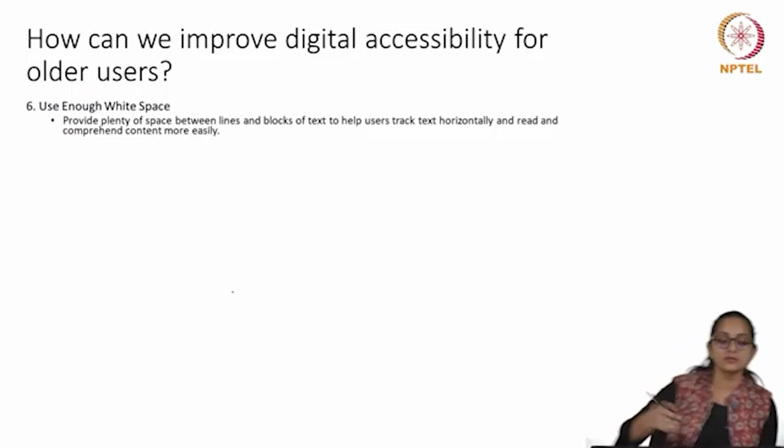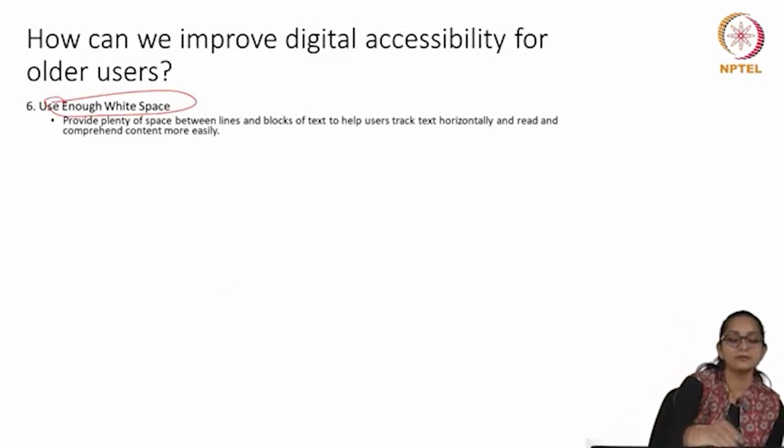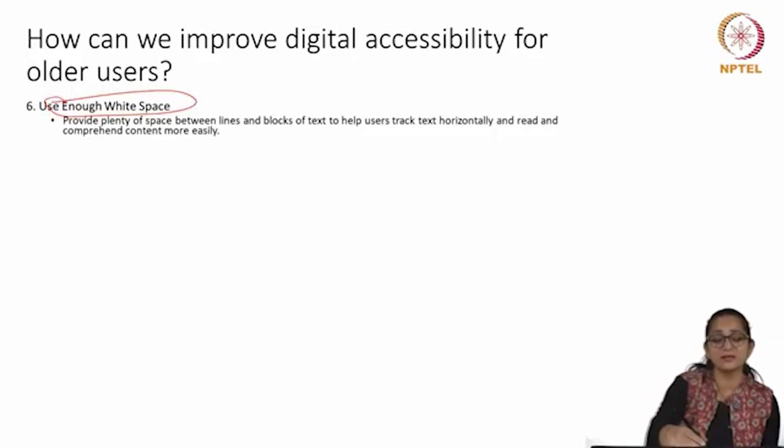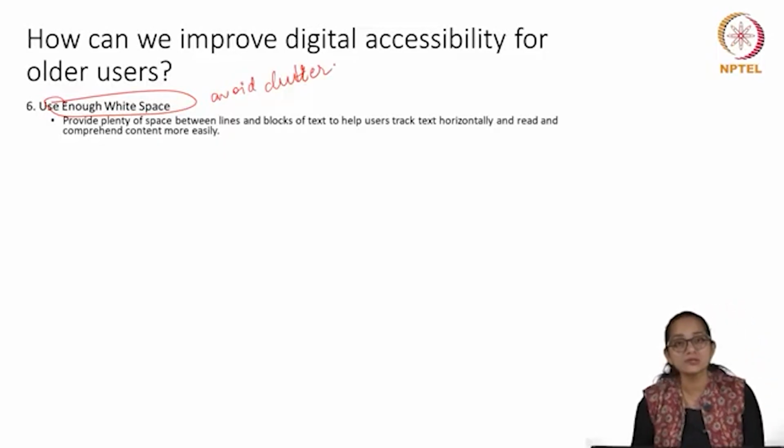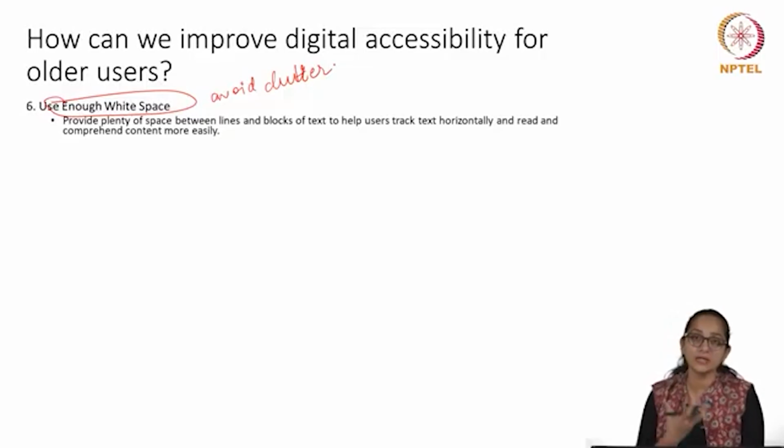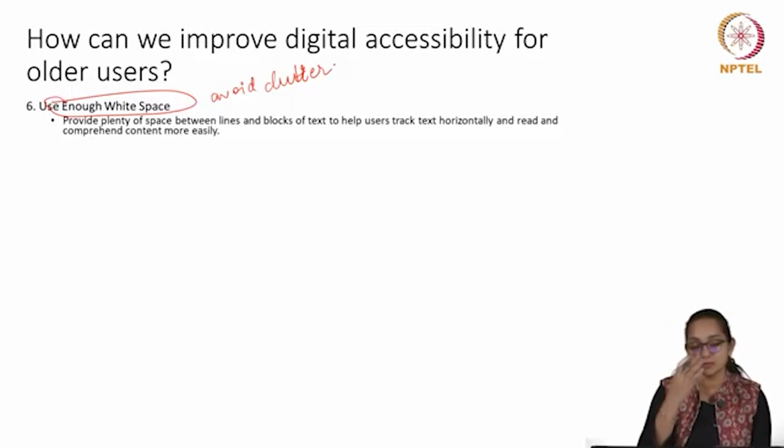Then the other part is offer enough white space. So, try to avoid clutter, because it can be overwhelming, it can cause distraction from the actual action items. Provide plenty of space between lines and blocks of text.